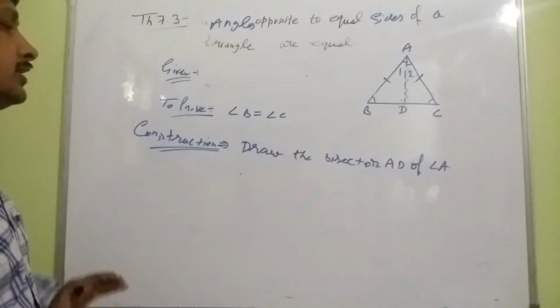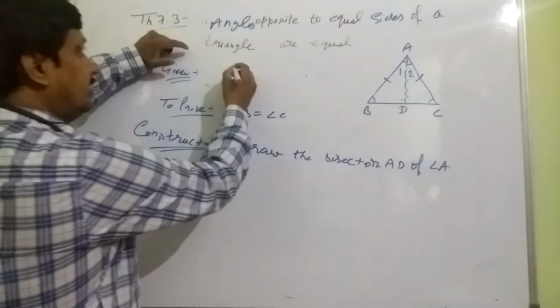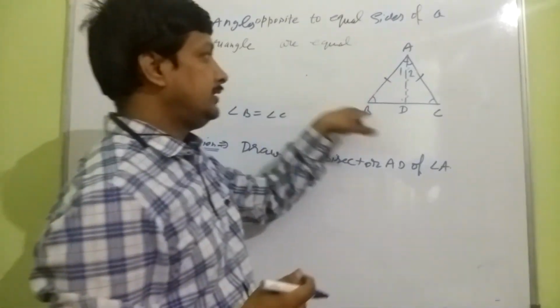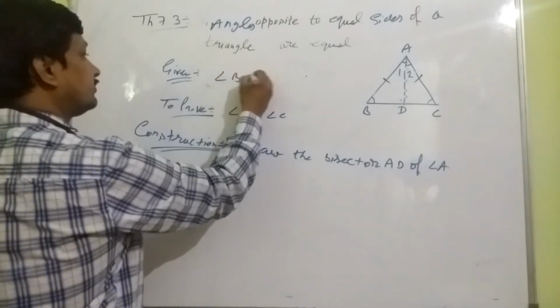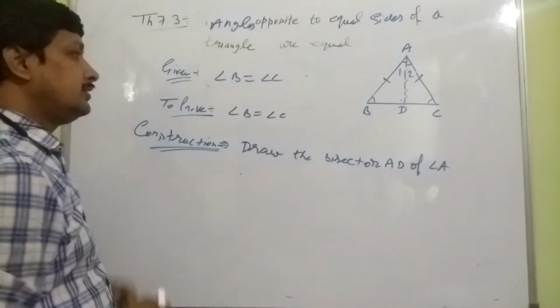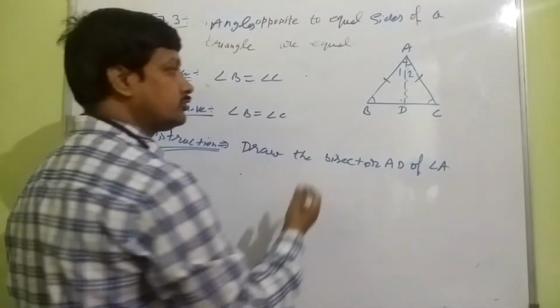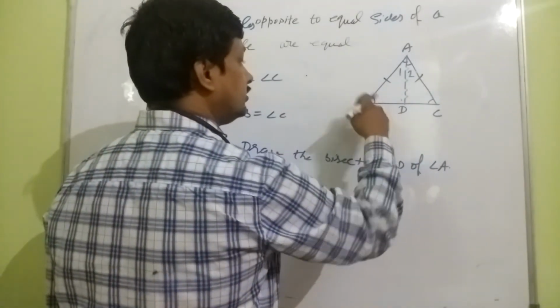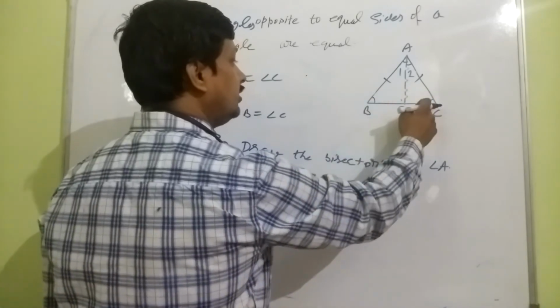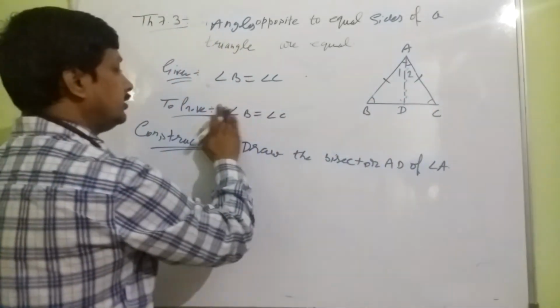In this triangle, it is given that angle B is equal to angle C, and we have to prove that the sides opposite to them are equal, just opposite to the previous theorem. This time we are given that angles are equal and we have to prove sides are equal.